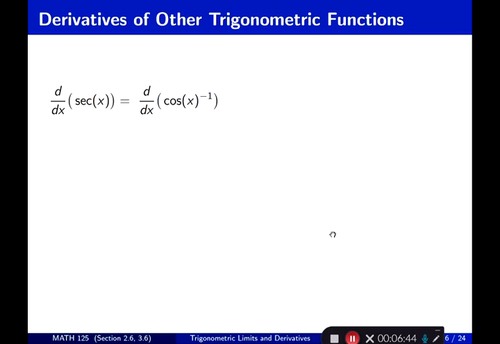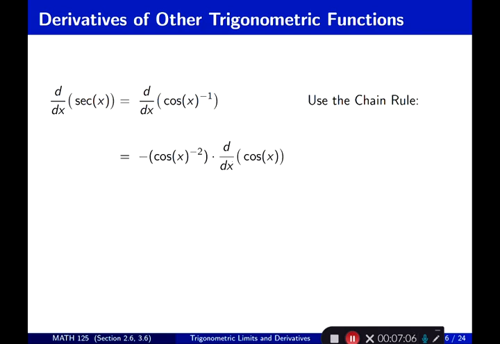Now let's show that derivative of secant of x is secant of x tangent of x. So here, what is secant of x? That's cosine of x to the power negative 1. A generalized power rule gives me negative 1 times, that's a chain rule, right?